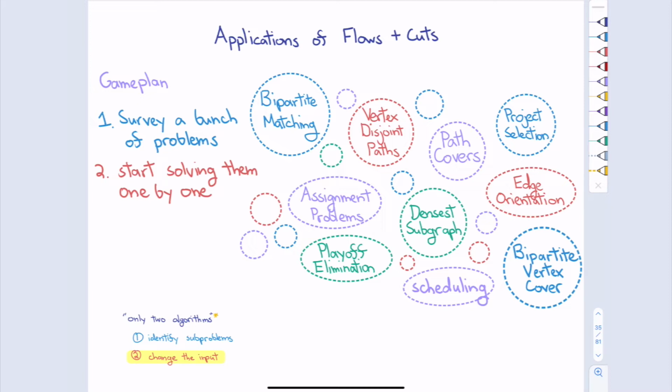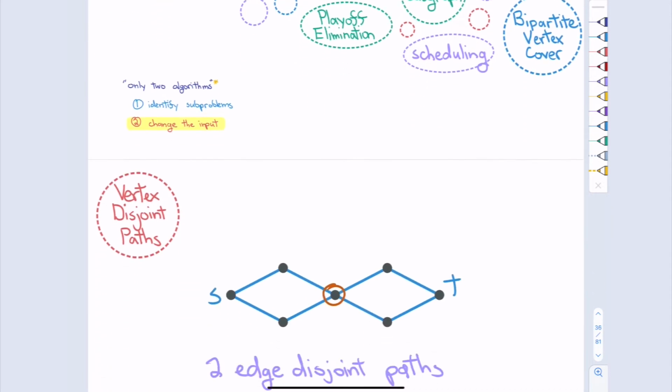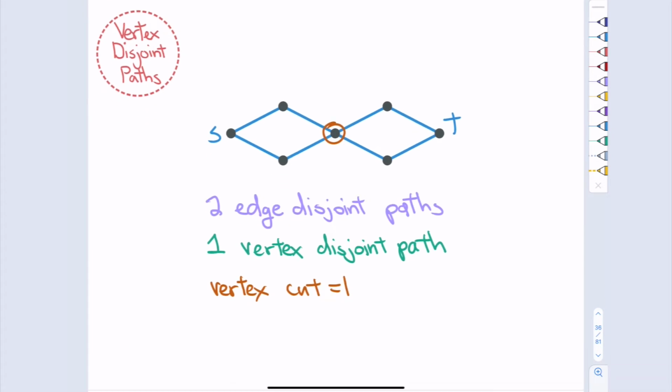Okay, so this is one with lots of pictures. Okay, so here's one that many of you may have done in your PSO. I'm not sure if all PSOs got to it. This is more of an extension of max flow. Okay, so just like we had edge disjoint paths, we can also have vertex disjoint paths.